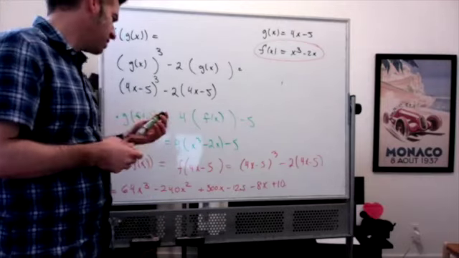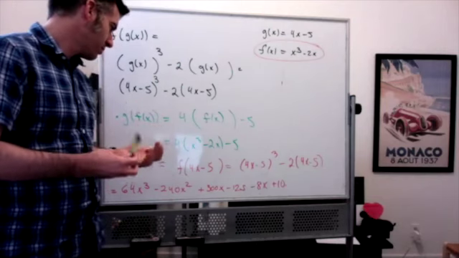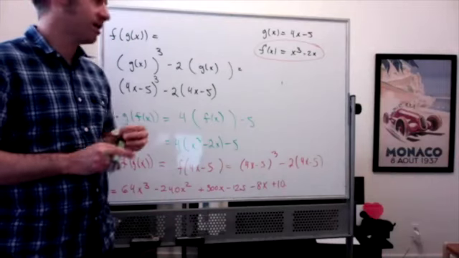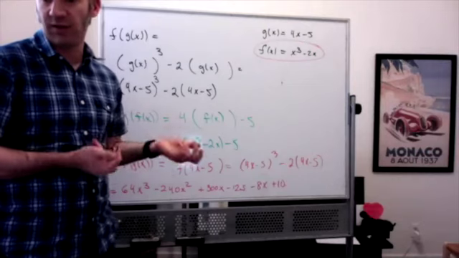That's a good question. Depending on the power, I think for a cubic, it is not unreasonable to expect you to multiply out. Anything higher, I don't think you need to.